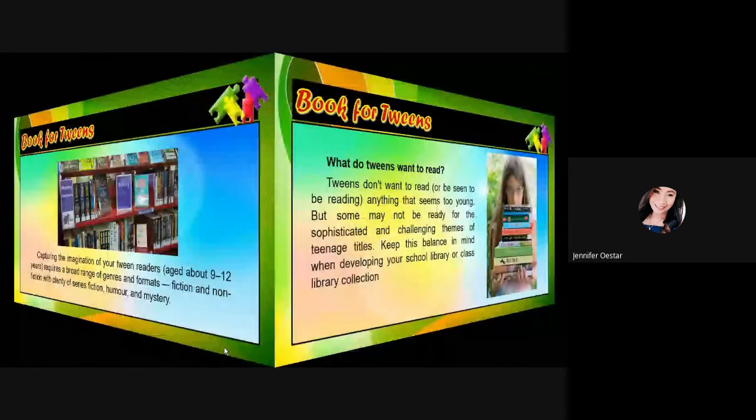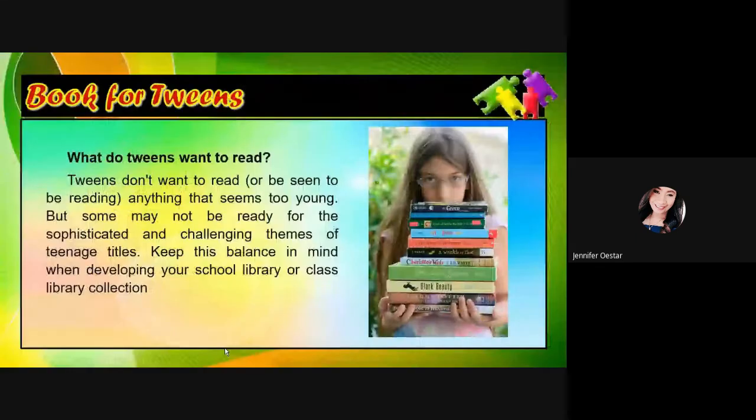So let's continue. What are the tweens' interests in reading? So here, tweens don't want to read or to be seen to be reading anything that seems too young, but some may not be ready for the sophisticated and challenging themes of teenage titles. So they are before the period of being teenagers. So they are called tweens.